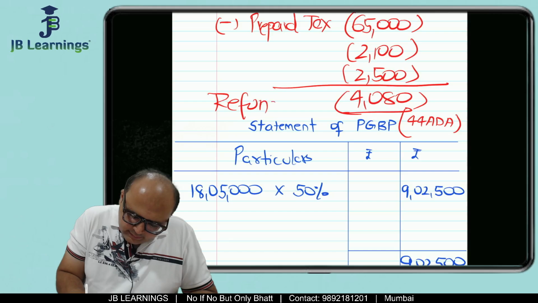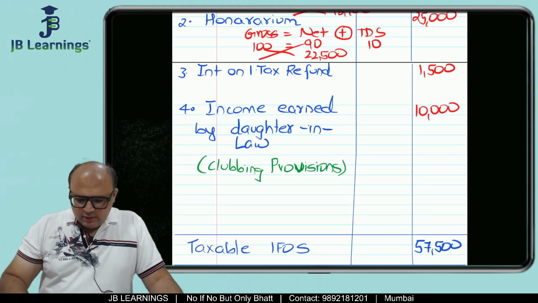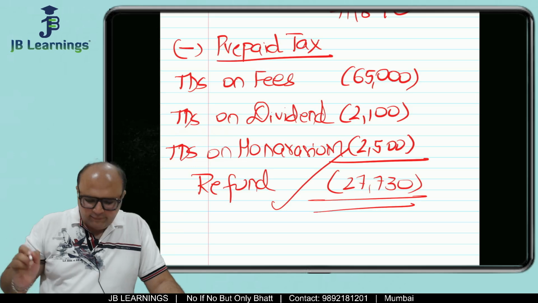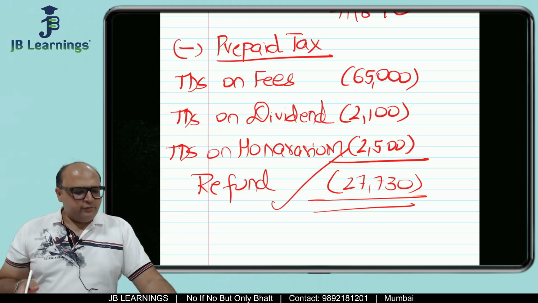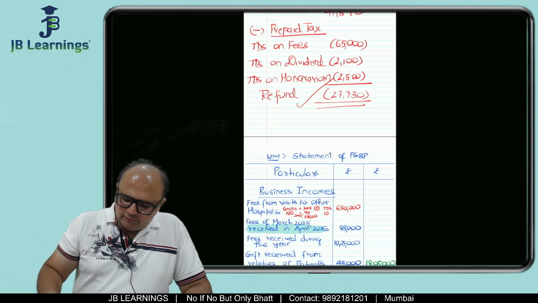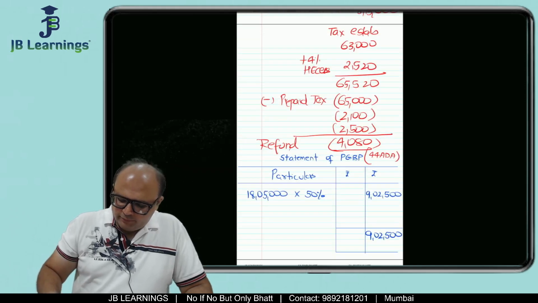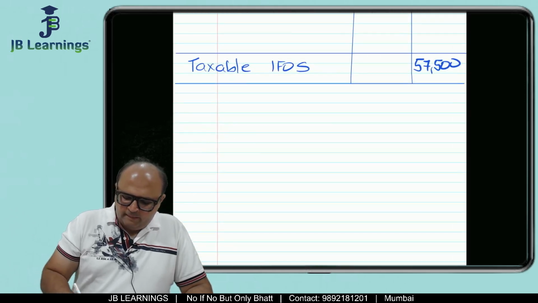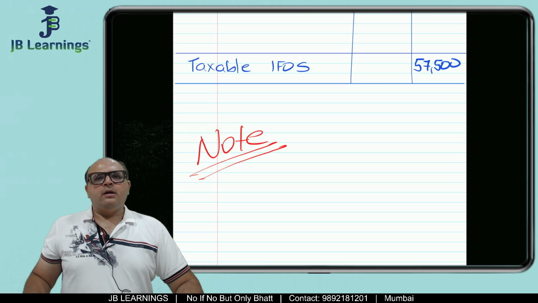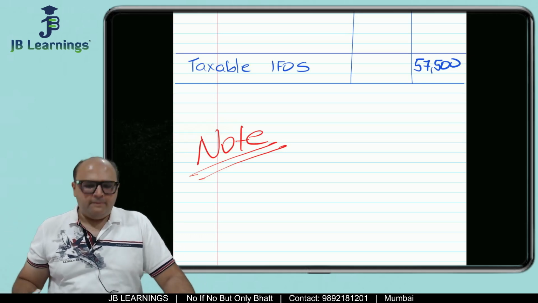So friends, in my earlier method, in which I was calculating PGPP as per normal provisions, I was getting a refund of 27,000. So obviously this is better than 4080. So I have to write one final note that assessee should opt for the normal provisions and not the 44 ADA, because in normal provisions the refund amount is higher.